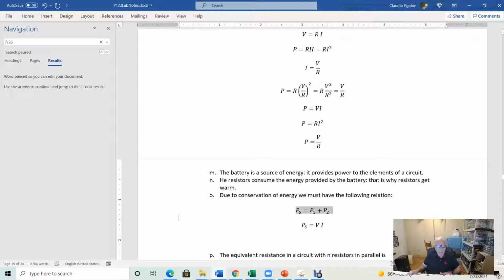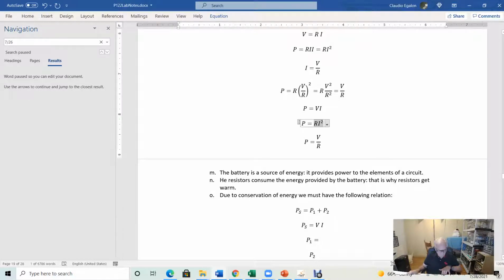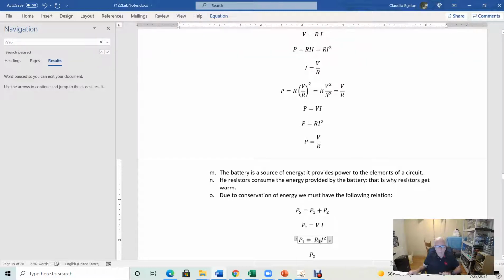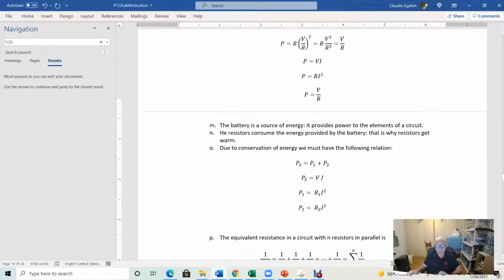The power in resistors 1 and 2 is given by R1 I squared, and the power lost in the second resistor is given by R2 I squared.